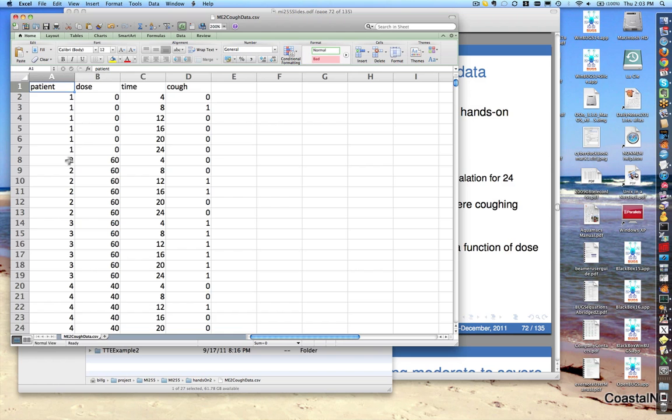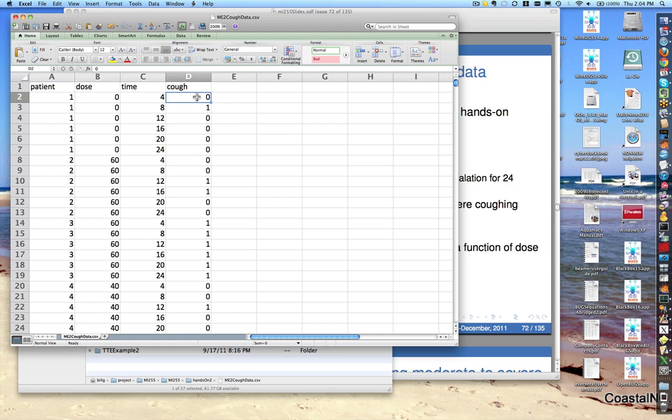So we've just got a patient identifier, the dose that was assigned, and the time. In this case, it's actually the visit time. And then we have a report of whether or not coughing occurred during the 4-week period prior to that visit.